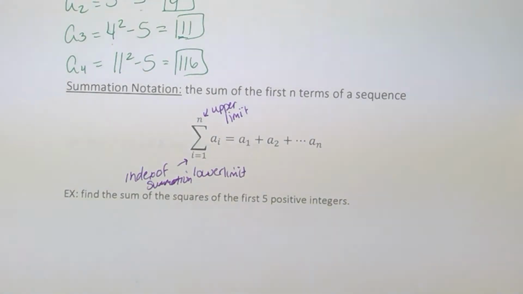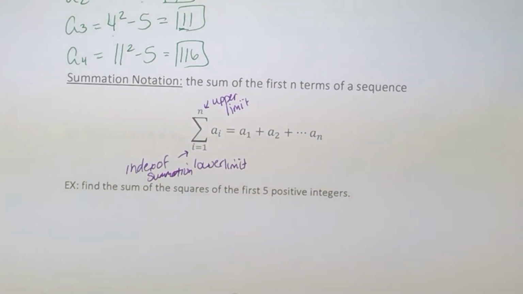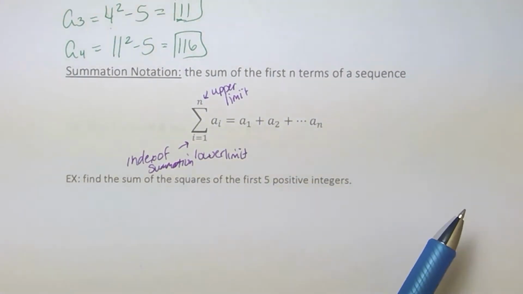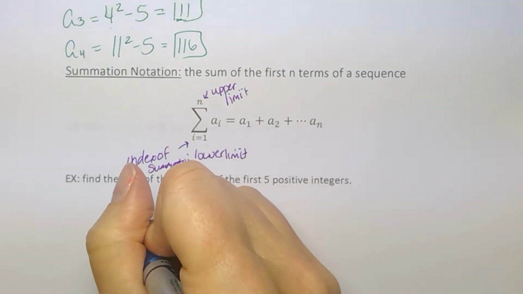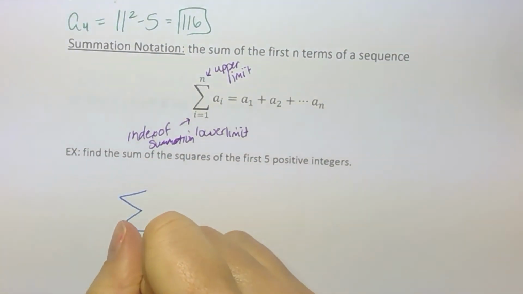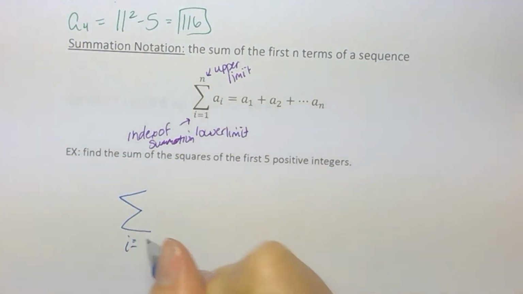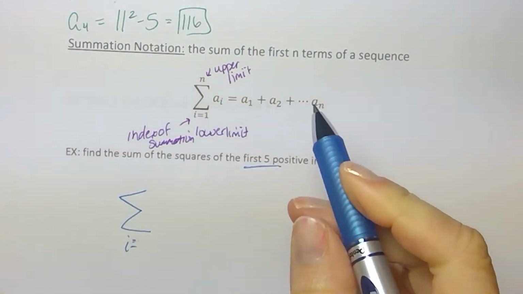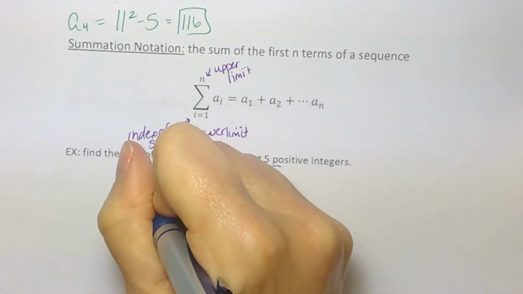Let's do an example of these. It says to find the sum of the squares of the first 5 positive integers. So we're going to set up our index of summation with our big sigma. There we go. Our lower limit is i equals at the bottom, and we're finding the first 5, so we're going to go from 1 to 5.